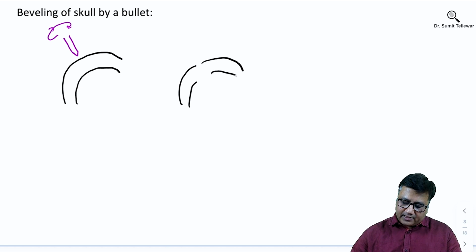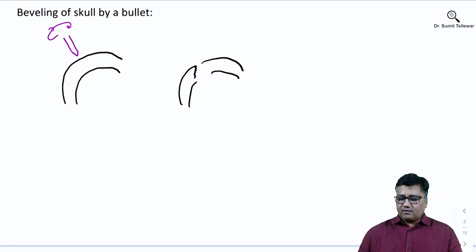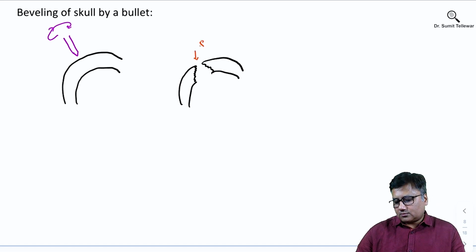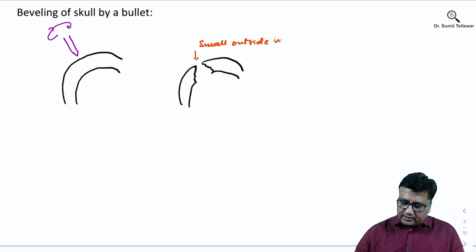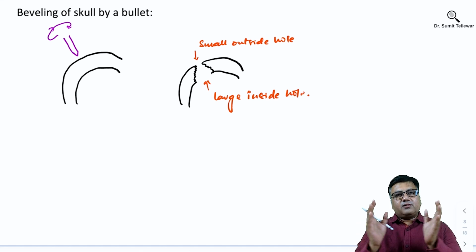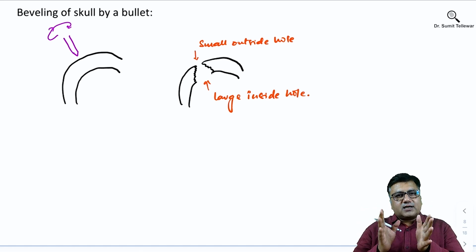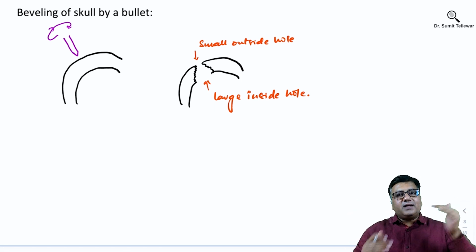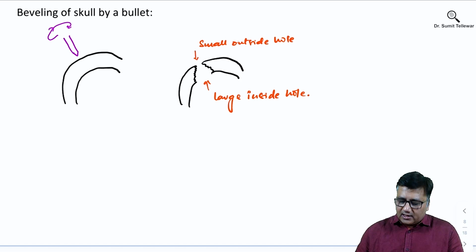So the track appears something like this, where you can see the small outside hole, and you can very easily see the large inside hole created by a bullet entering into the skull, which has a telescoping margin inwards. So the margins are telescoping inwards inside the cranial cavity.